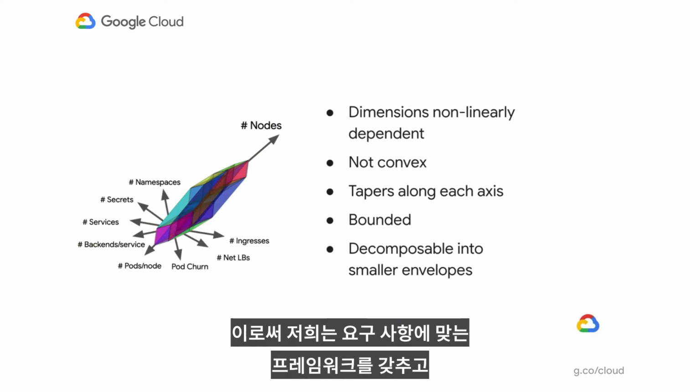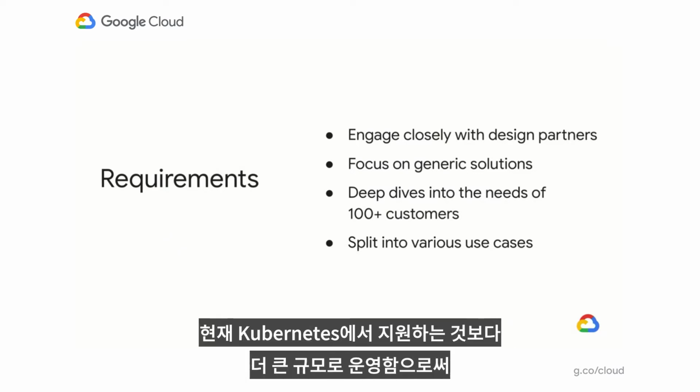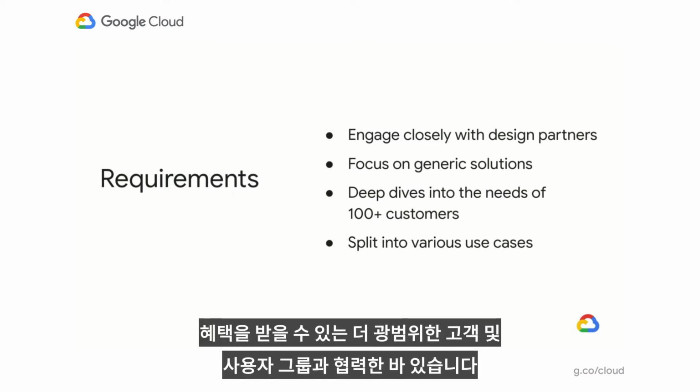So, being equipped with this framework of describing requirements, we documented the needs of Twitter. We also engaged a few other design partners, and we worked with a broader group of customers and users who we know could benefit from operating at larger scale than currently supported on Kubernetes.